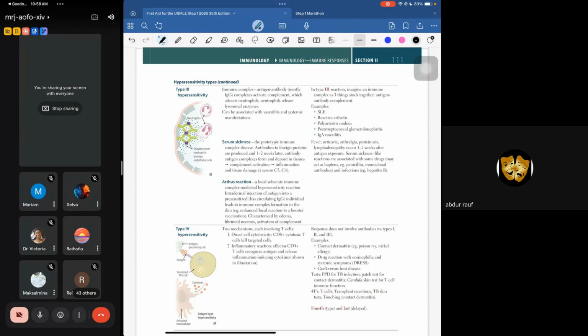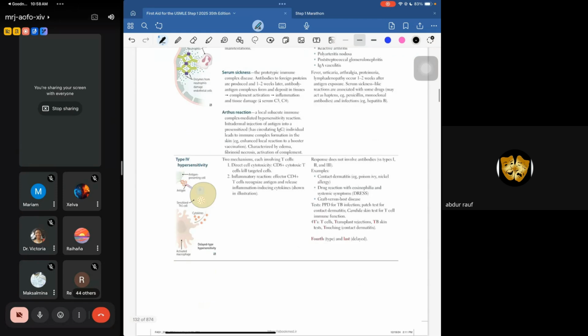So always keep a very low threshold: whenever a patient was treated for some problem, and after that problem the patient is having fever, arthralgia, proteinuria, it could be a serum sickness reaction. Okay, you can skip the Arthus reaction; it's not important, right?